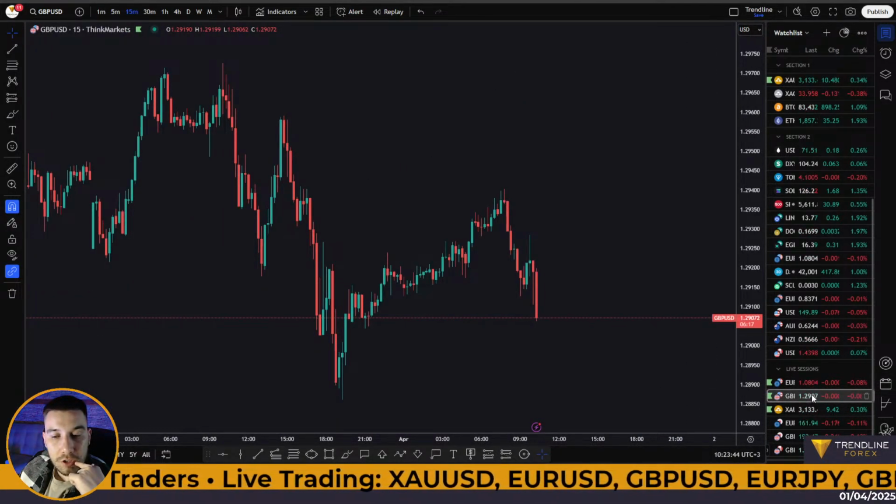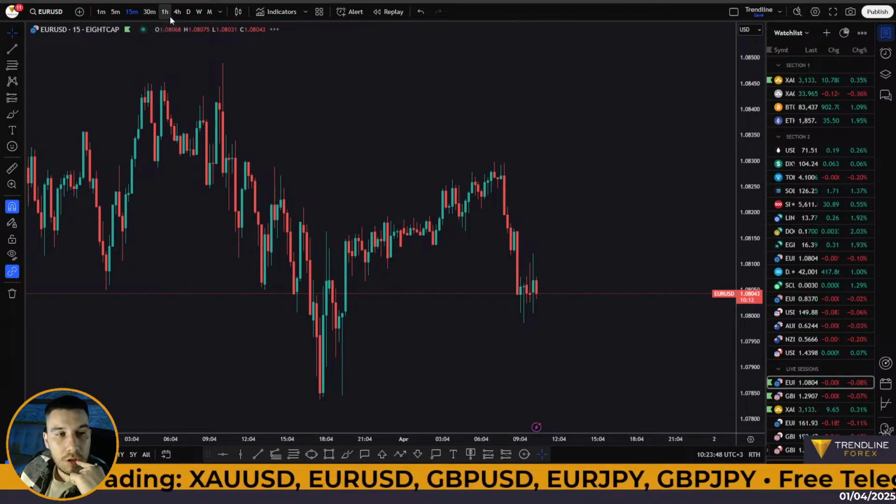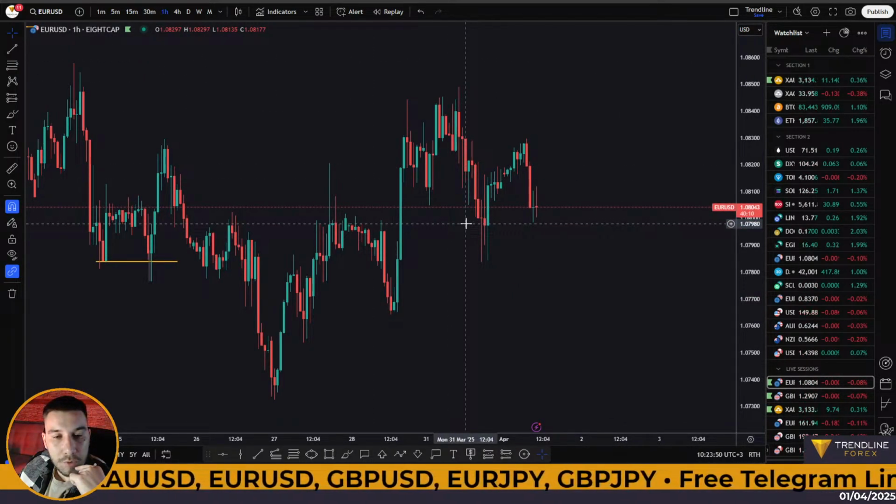You see pound dollar is pushing down and the euro isn't doing that much of a movement at the moment.